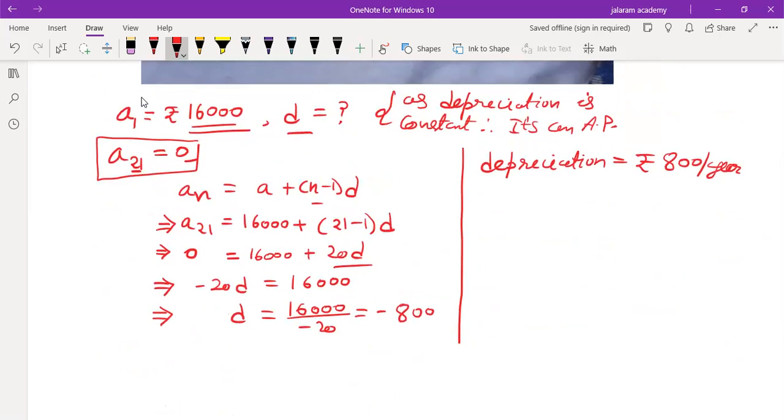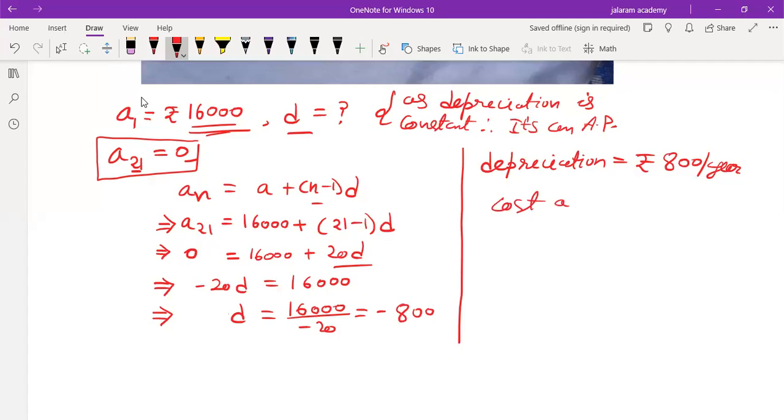After 1 year it will be the second term, right? 16,000 minus 800, 15,200 will be the cost after 1 year. So after 2 years the cost will be decreased by 2 into 800. After 3 years the cost will be decreased by 3 into 800.